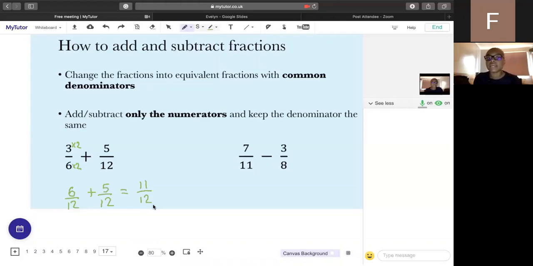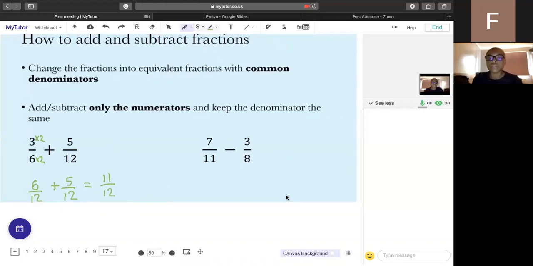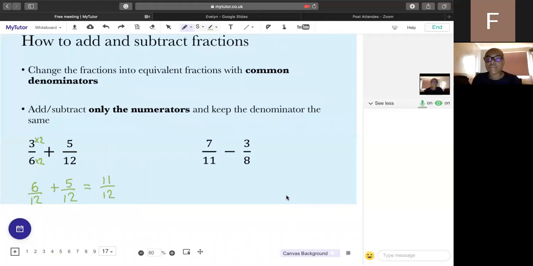Then we do it in a similar way for subtraction. So you've got 7/11 minus 3/8. Now, I know that 11 and 8 are both factors of 88. So I'm going to change both of these into fractions over 88. So to get to 88, I'd have to multiply this one by 8. So I'm going to multiply my numerator by 8. So 7 times 8 is 56. So we've got 56/88.